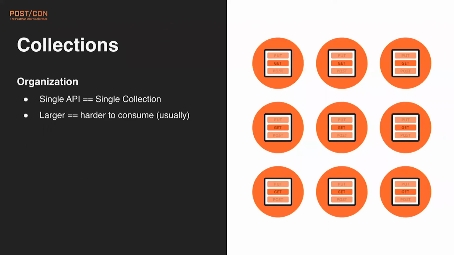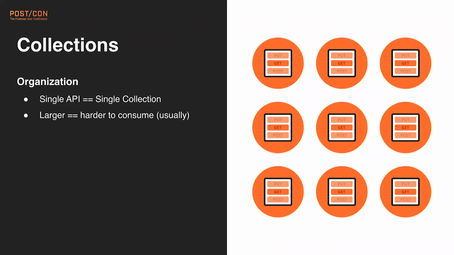When we organize collections, we normally sort a single API into a single collection. So that means if you're working with the Imgur API, then every single thing that you might want to do with that all exists in one collection.